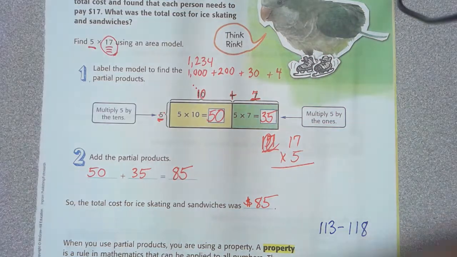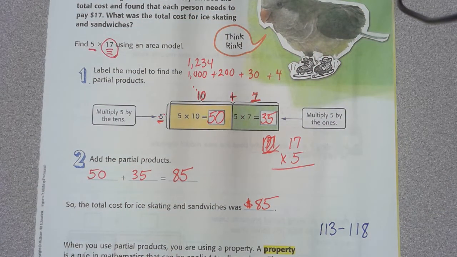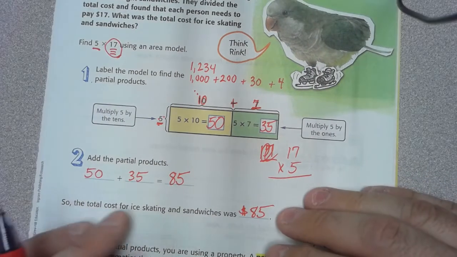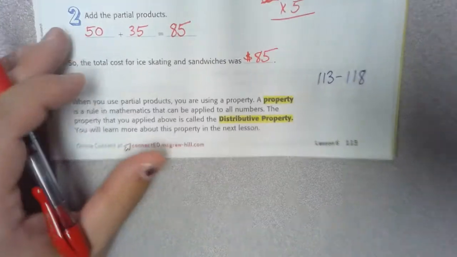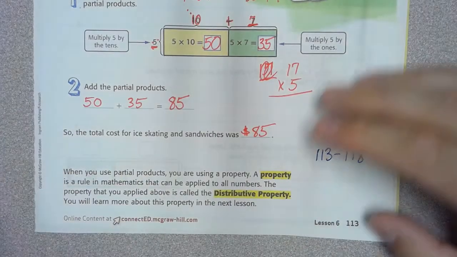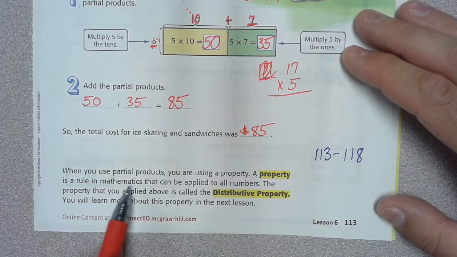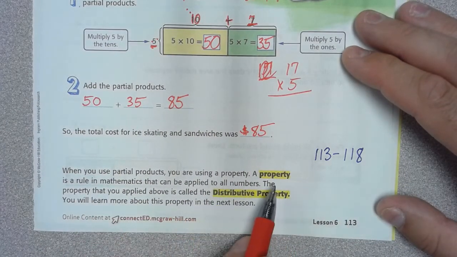All right, so it's a lot, but it'll help some of you. Trust me, it will. Now, we may not make the boxes like they do, but we'll make them one way, and I'll show you it's easy. When you use partial products down here at the bottom, you're using a property. A property is a rule in mathematics that can be applied to all numbers.